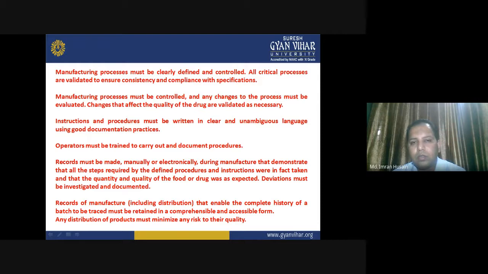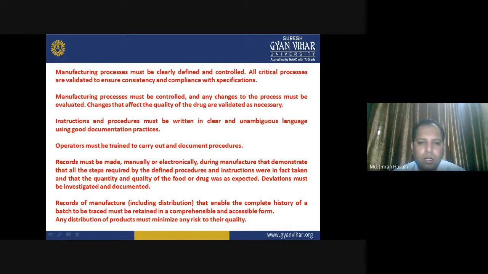Manufacturing processes must be controlled, and any changes to the process must be evaluated. Changes that can affect the quality of the drug are validated as necessary. Instructions and procedures must be written in clear and unambiguous language. Operators must be trained to carry out and document the procedures.